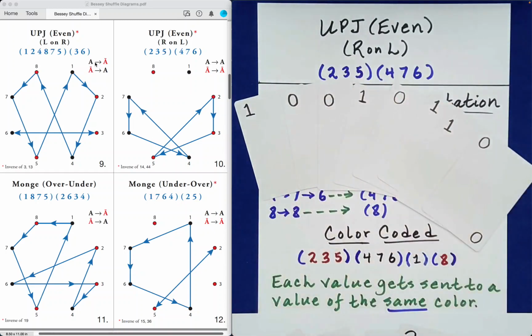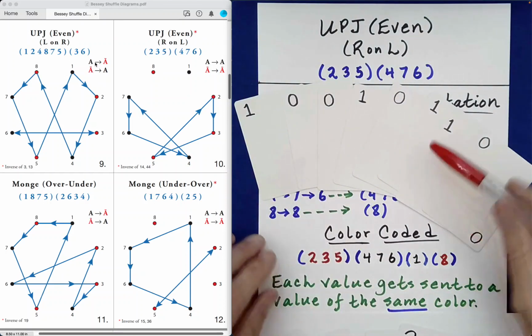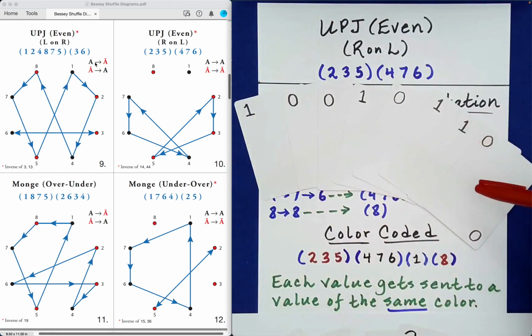Okay? Now it is true that the ones are moving around among themselves except for one of them. Can you think through which one is going to stay exactly where it is? It's the first one, right? Remember, we have 2 fixed points. Whatever's in position 1 stays in position 1.